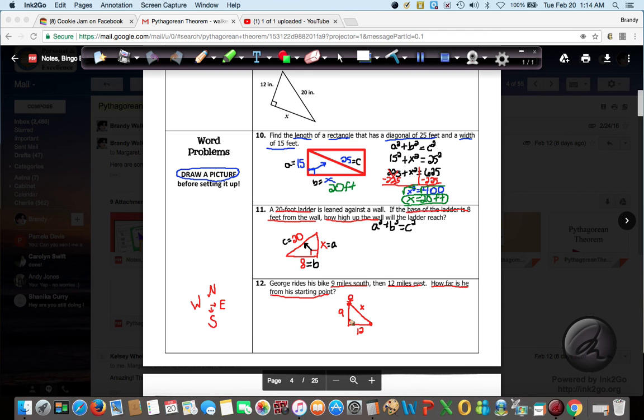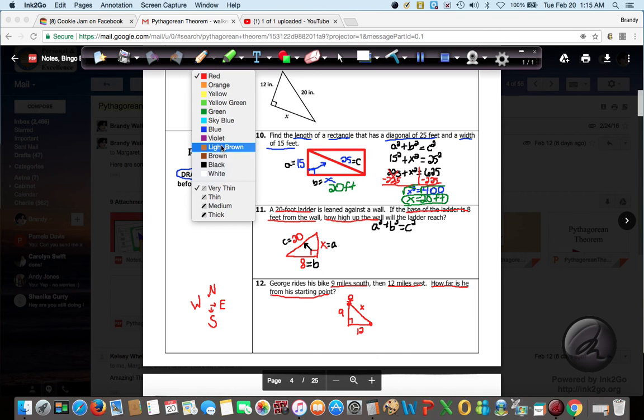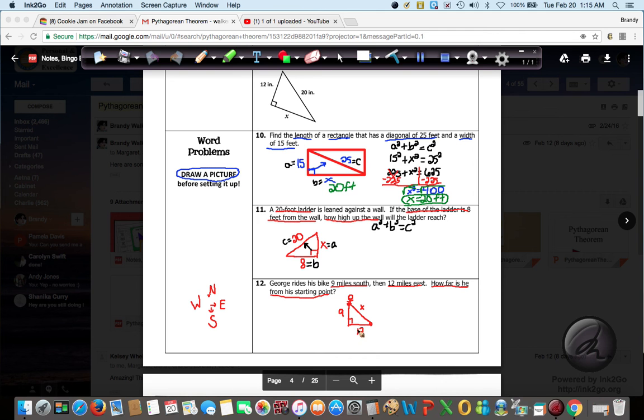Again, going directly south and east, there's your right angle in that corner. Once you know your right angle, I hope by now you know the very first thing you're going to do is draw your arrow, because that helps you label C. And then you have your A and your B. Write down your A squared plus B squared equals C squared and solve.